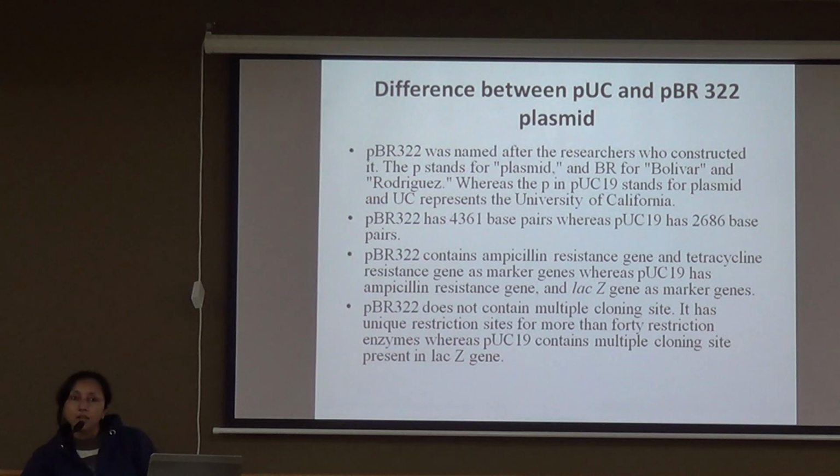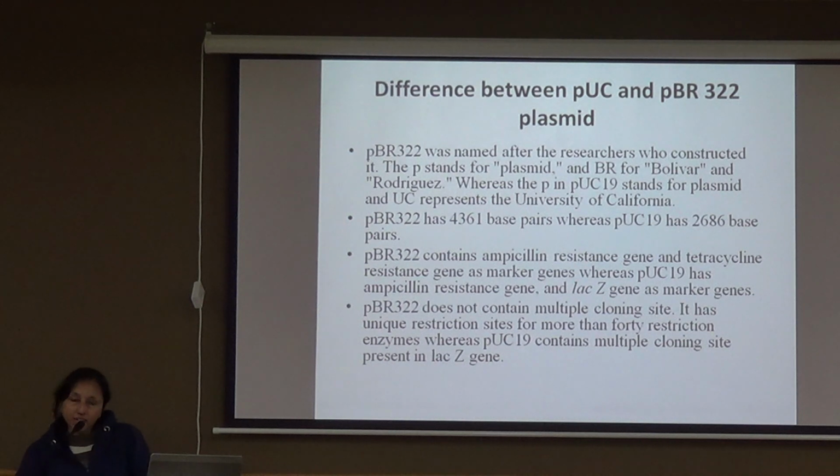Suppose we have a vector which self-ligates, and we have a vector which has a DNA insert. So we have two types of vectors available in the medium: one is non-recombinant, one is recombinant.